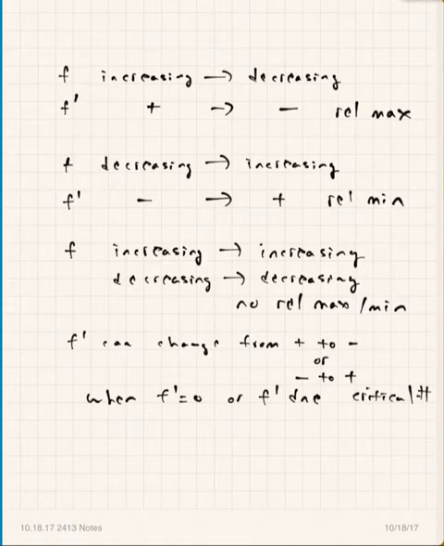So the critical numbers are places where you could get these relative maxes and mins. When the derivative changes from positive to negative or from negative to positive, it means the function is going from increasing to decreasing or decreasing to increasing. When can that happen? It can happen when the derivative is 0 or when the derivative is undefined. And those are called the critical numbers. Now notice I put can change. It doesn't have to, because we've seen a picture where it doesn't have to, right?